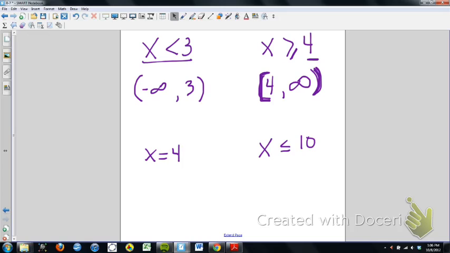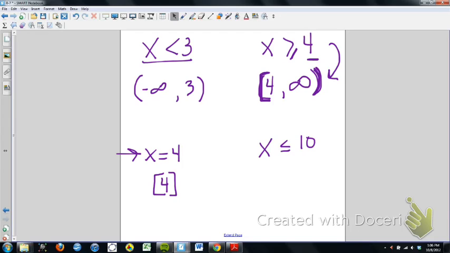Okay, so this inequality translates to this interval. This one right here is interesting because there's only one thing in the interval, so you put square bracket 4, and you end it with a square bracket. That just means that the only thing included in that interval is the number 4 and nothing else, which is suggested by that equality statement.